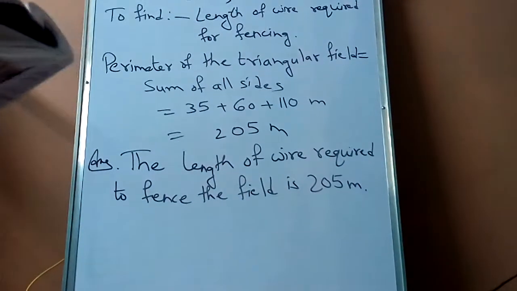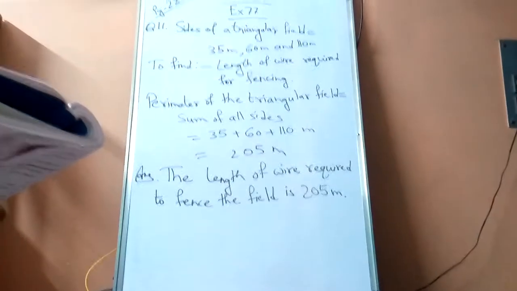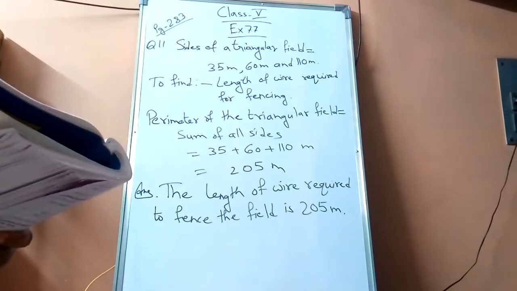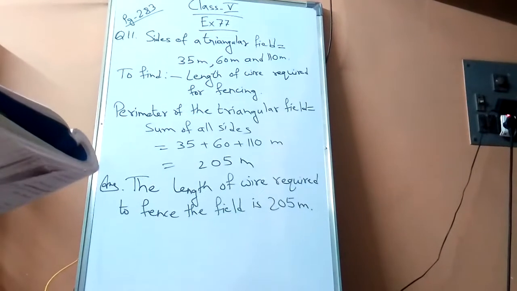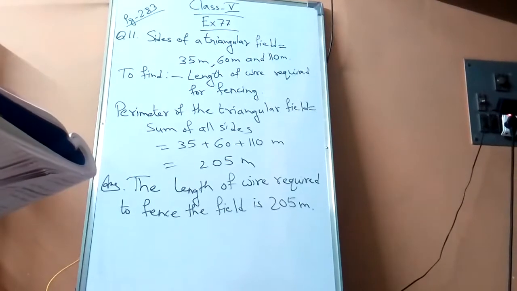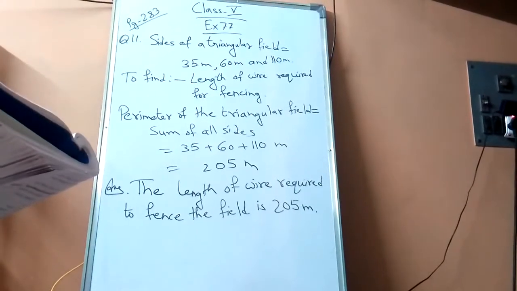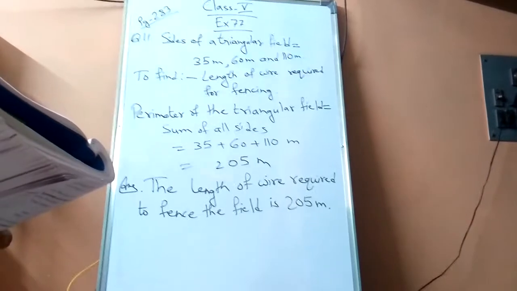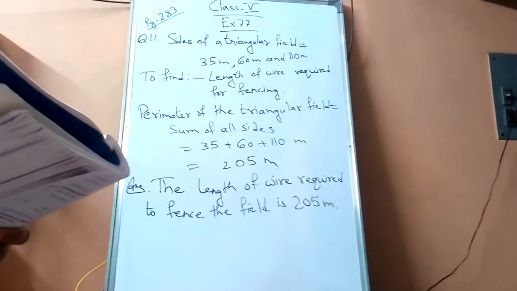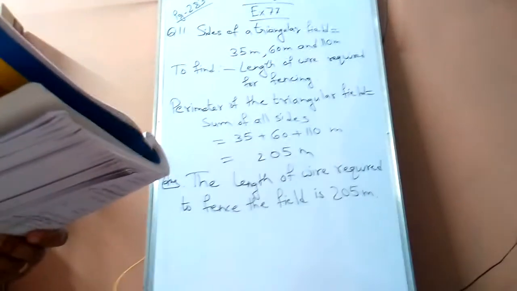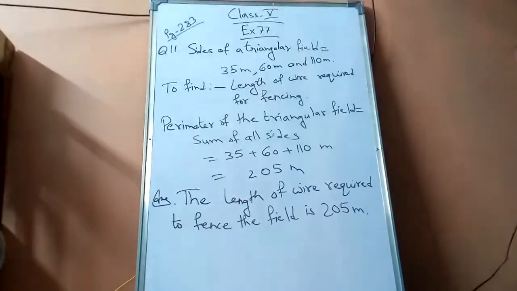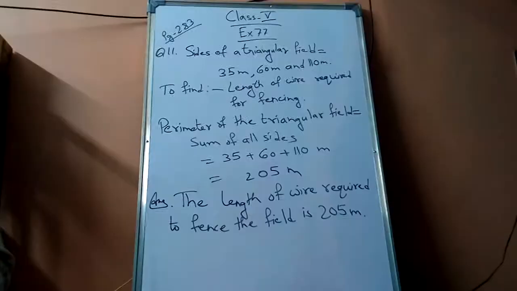Now question number 12 you will do on your own. It is also the same way. Now come to question number 13. A wall is built around a rectangular plot of length 63 meter and breadth 47 meter. Find the cost of constructing the wall at rupees 130 per meter. Here the rectangular plot is given, length and breadth are given.